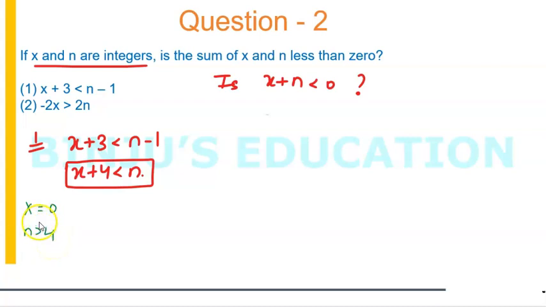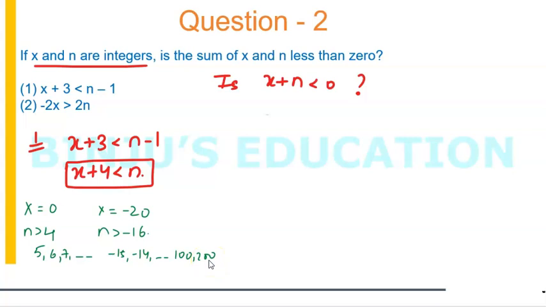It can be 5, 6, 7, any number. I can say x is equal to minus 20. In that case, n is greater than minus 16. So n can be minus 15, n can be minus 14, n can be 100 also, n can be 200 also.